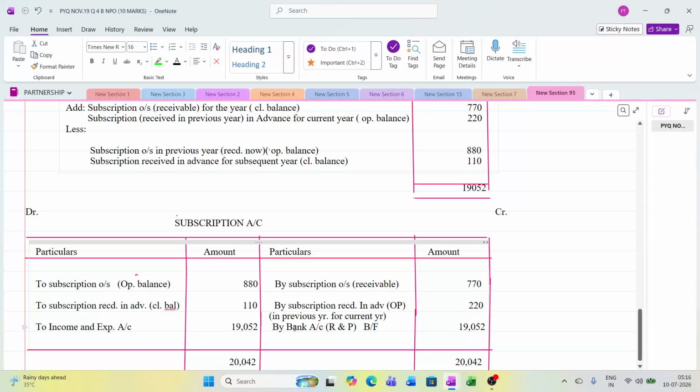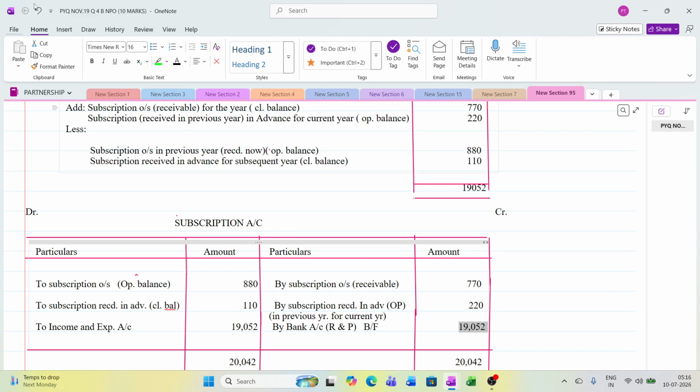Done. Now you need what is received during the year. That is the bank account. What is the journal entry? When you receive the amount, bank account debit to subscription account. Okay. So now total this amount and subtract this. This is your balancing figure.